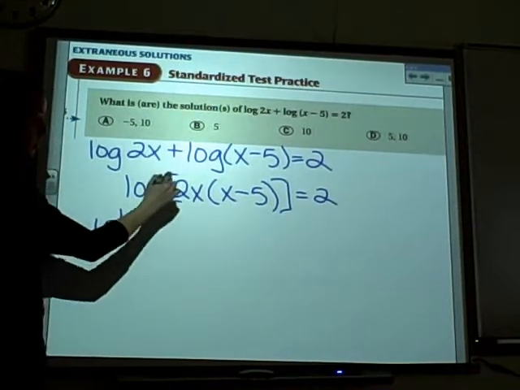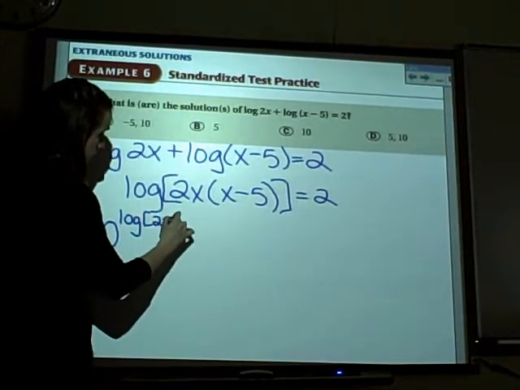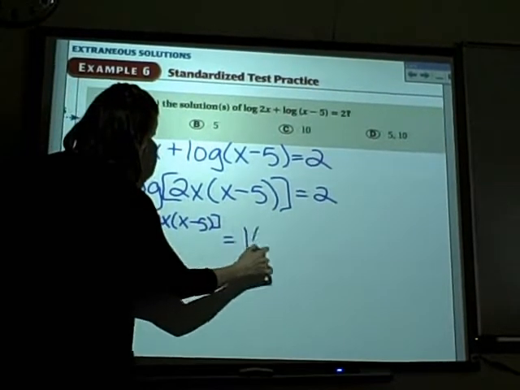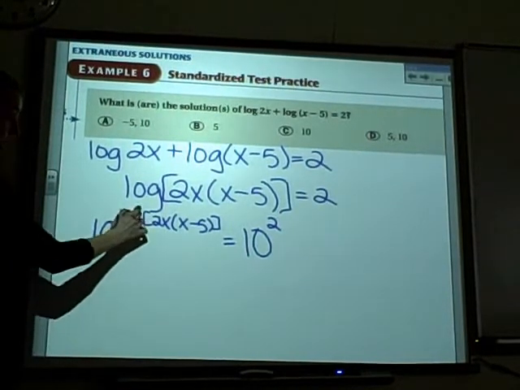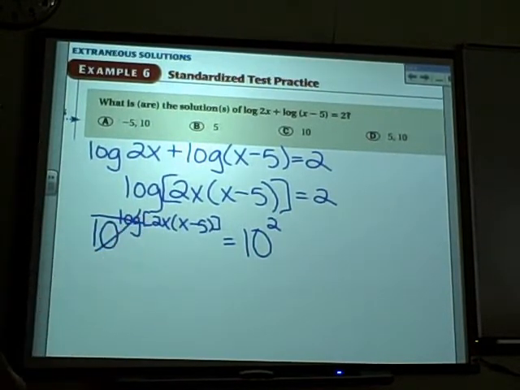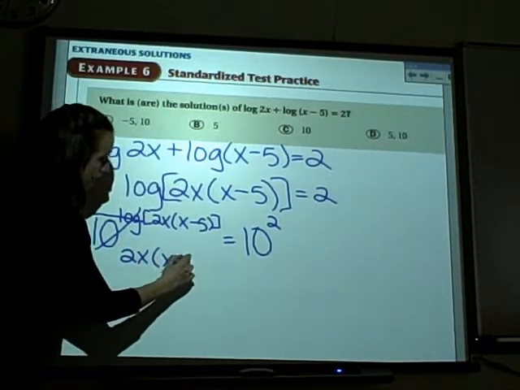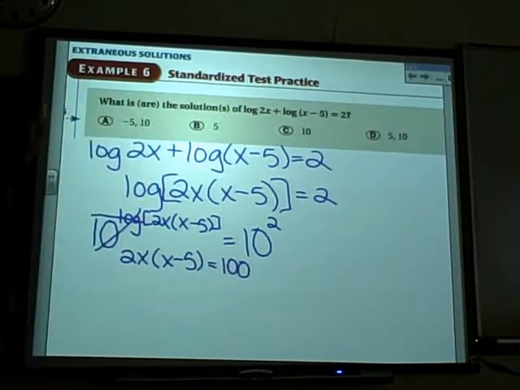I'm going to go 10 to the power of each side. When I do that, these bases match. That's going to cancel. I am left with 2x times x minus 5 equal to 100.